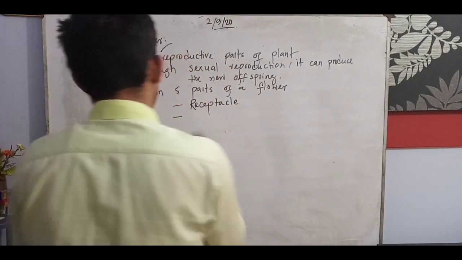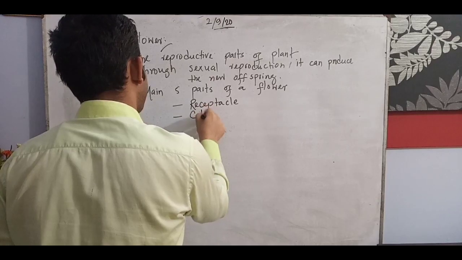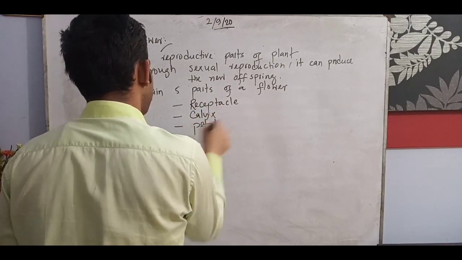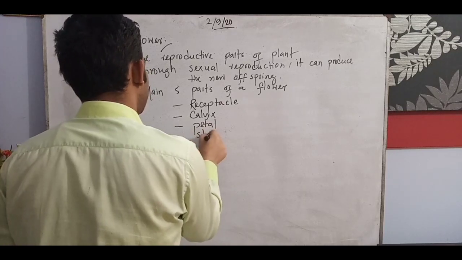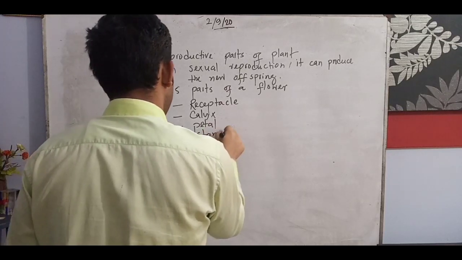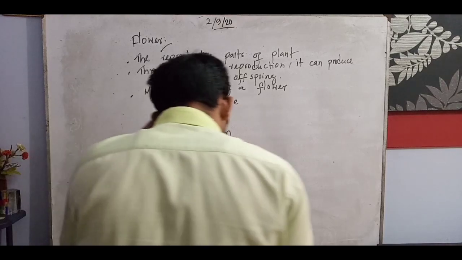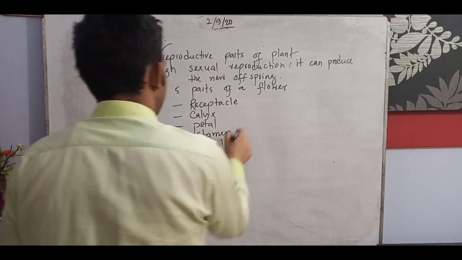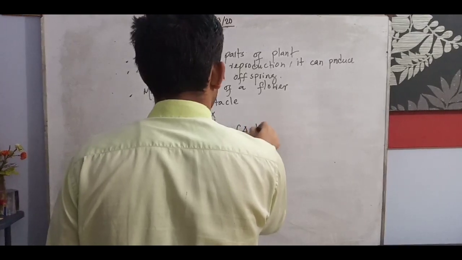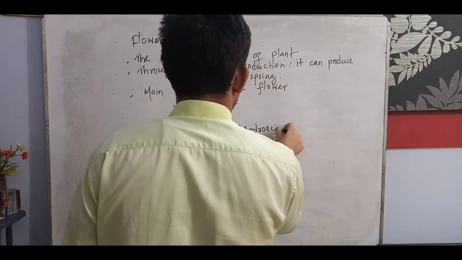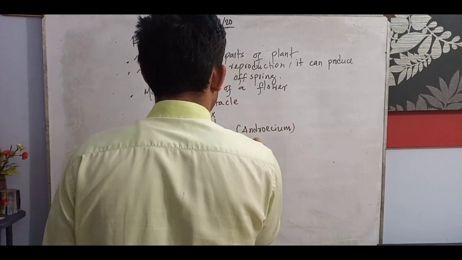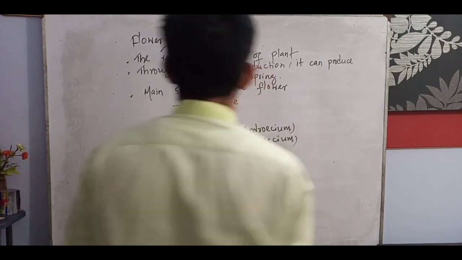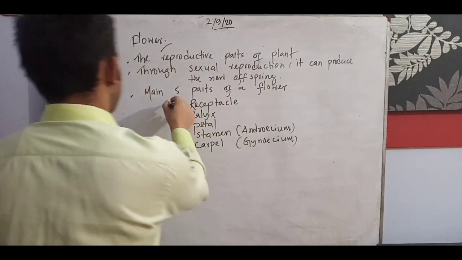Receptacle, then calyx, then petal, then stamen, and then finally carpel. The stamen is the androecium and the carpel is the gynoecium. These are the main five parts of the flower.